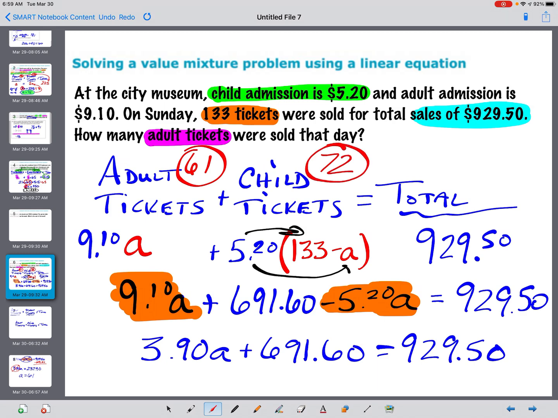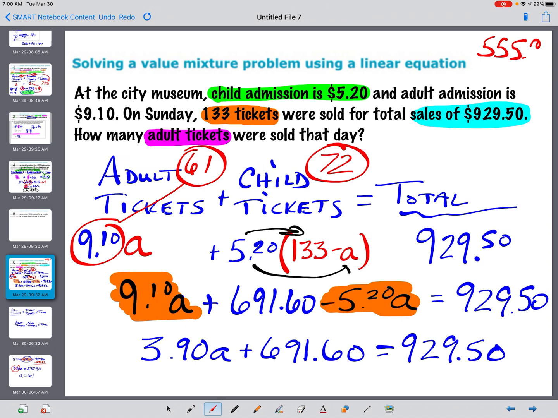The only way to really check this to make sure that we're right is to multiply these values against the coefficients. So it would be 61 times 910, and that's $555.10. Again, we're just checking to make sure this is right.